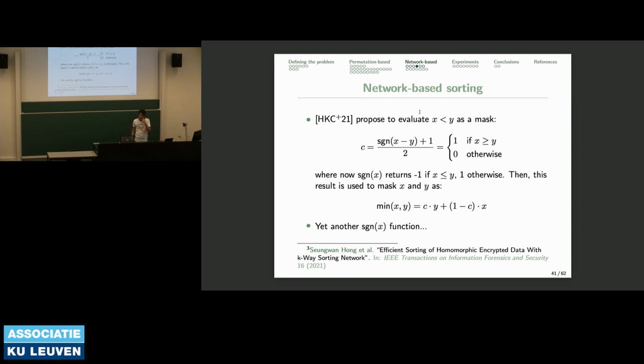Then this c value, which we can see as a sort of mask, we multiply by y, and we compute 1 minus c times x. This precisely masks the value that we want, which is the minimum one. But again, we are using once more the signum function, which is not something that we really want.